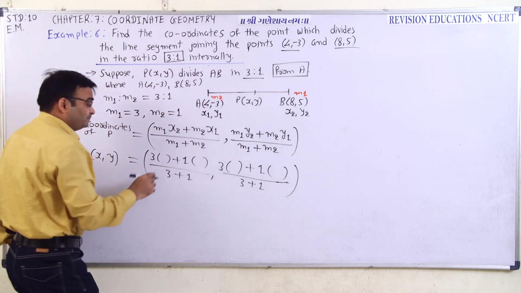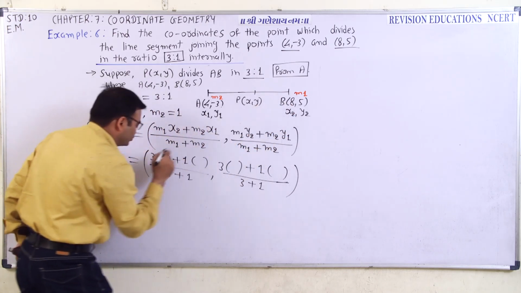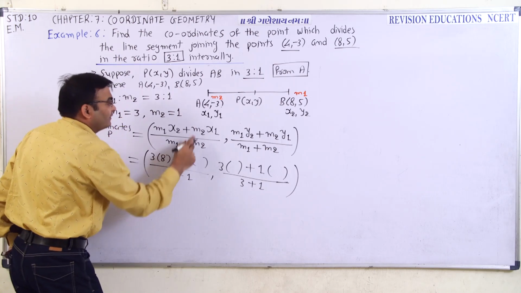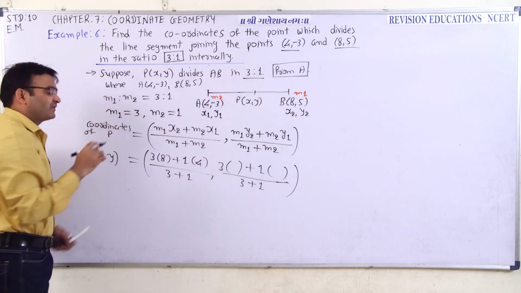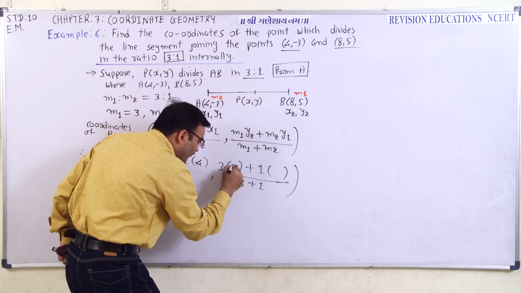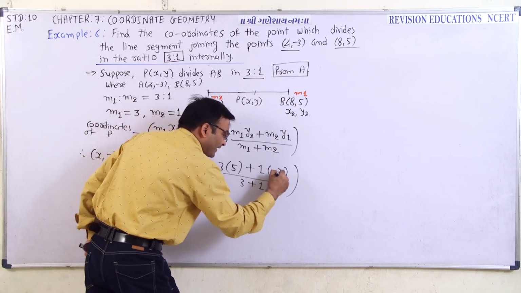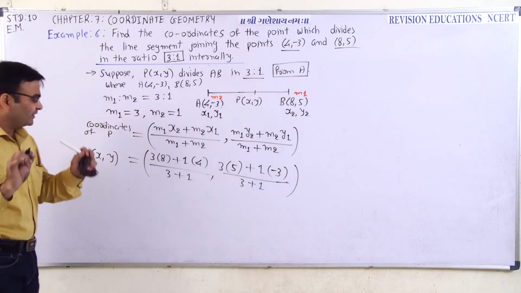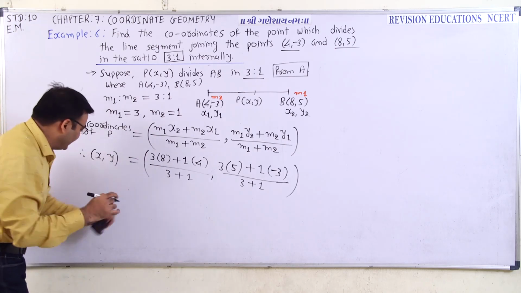So here m1 x2, coordinate of x2 is 8, coordinate of x1 is 4. Similarly, y2 is 5 and y1 is -3. Whenever you write the coordinates, keep attention properly.